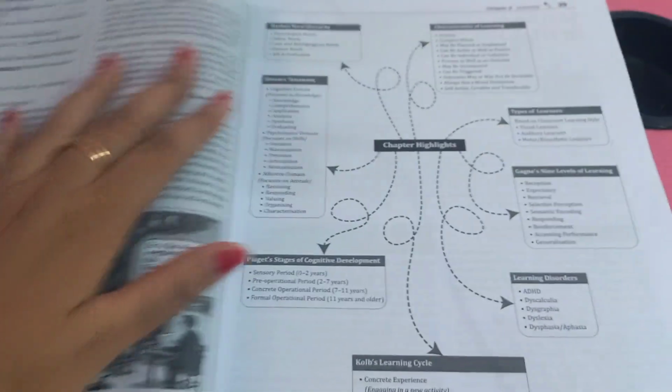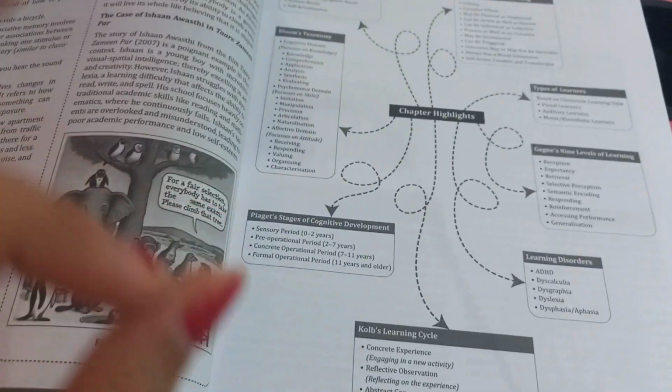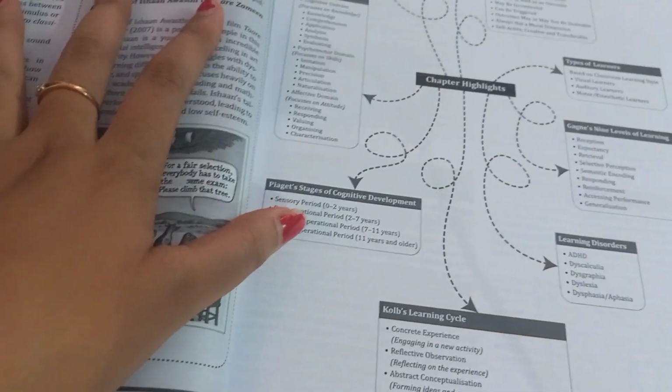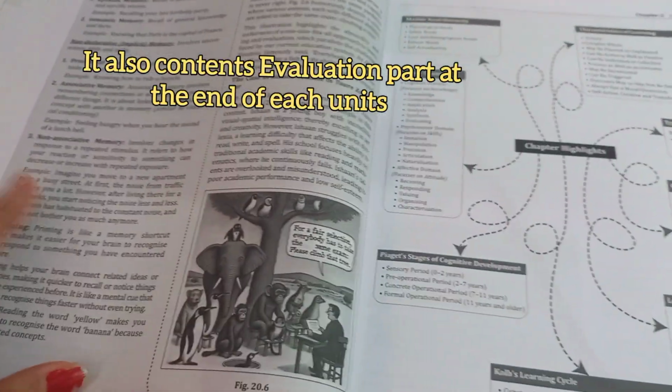And after completing each and every chapter, there are chapter highlights, so you can learn which are the important things included in this chapter. This is quite interesting and new, I would say.